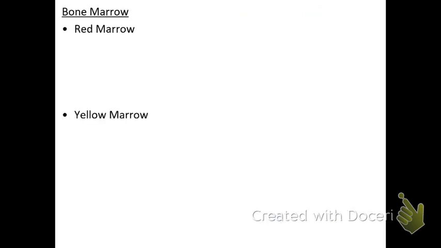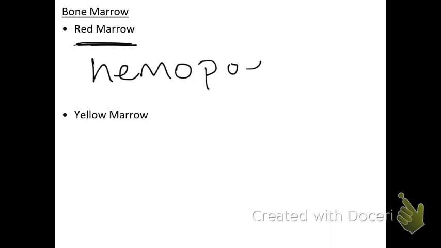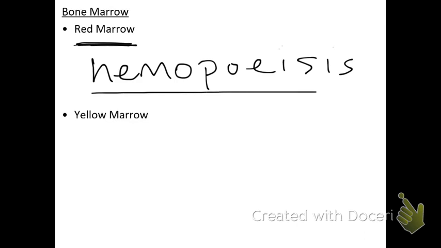As I mentioned in the previous slide, there's two types of bone marrow. Red bone marrow is where you actively have red blood cells, white blood cells, and platelets being produced. The term for blood production is hemopoiesis. You'll see that term over and over this semester, especially when we get to the blood and cardiovascular chapters.